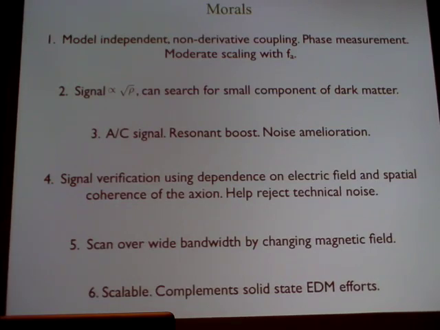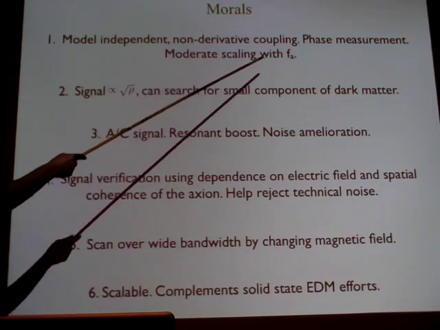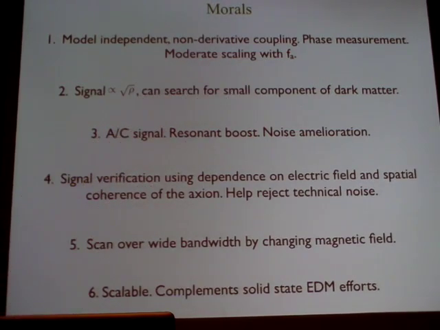And because it's non-derivative and because it's a direct measurement of phase, there's a very, very moderate scaling with f_a. It's a very powerful way to probe a variety of axions at very large values of f_a. Importantly, the signal is proportional to the square root of the dark matter density. So if I make a factor of 10 improvement over all the numbers I talked about earlier, I can search for a much smaller fraction of dark matter. A factor of 10 buys me 1% of dark matter. Pretty easy to go in that direction.